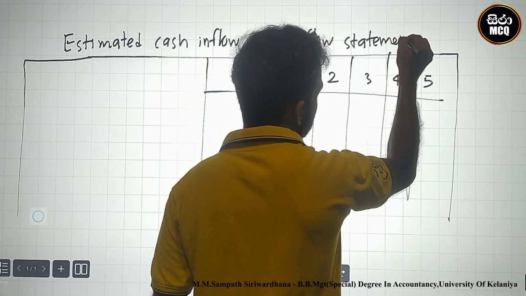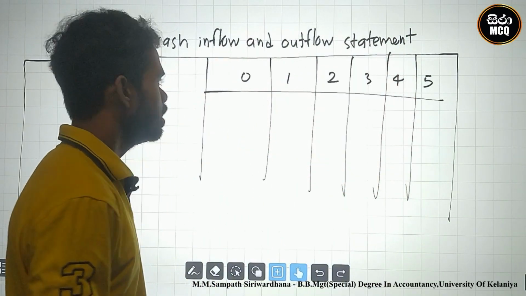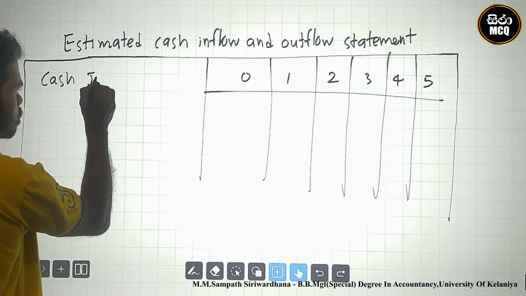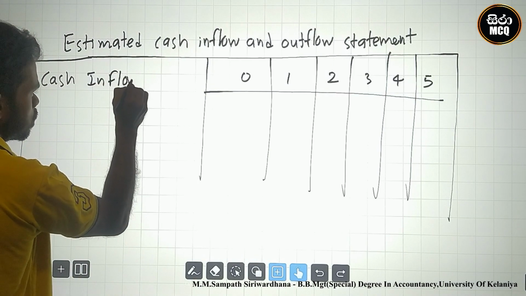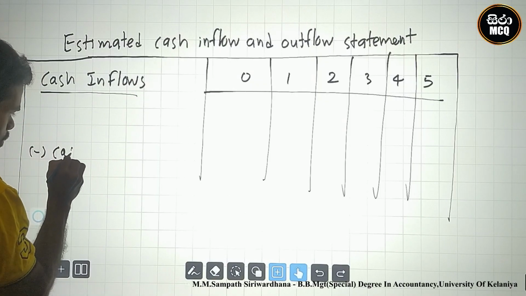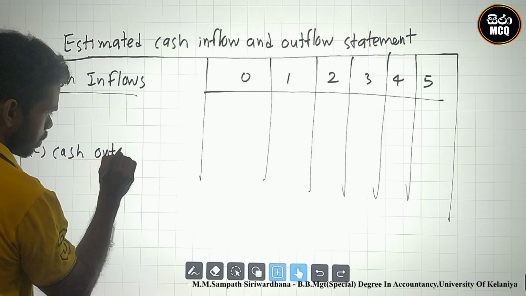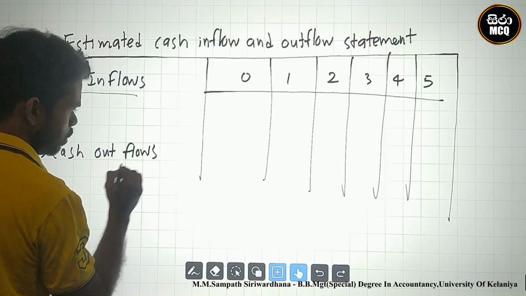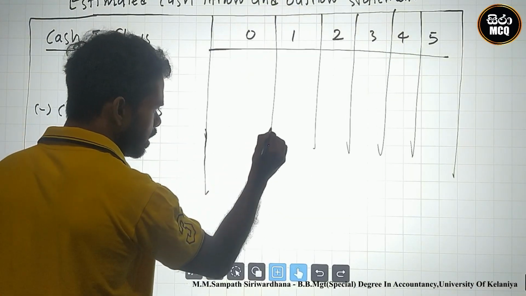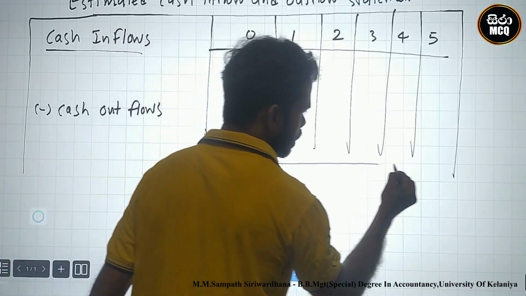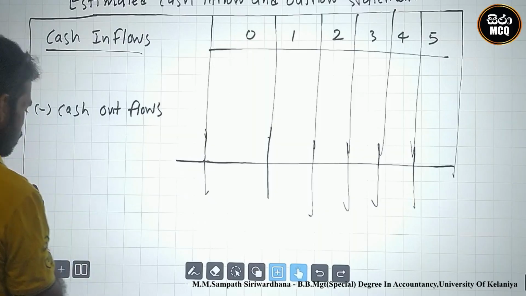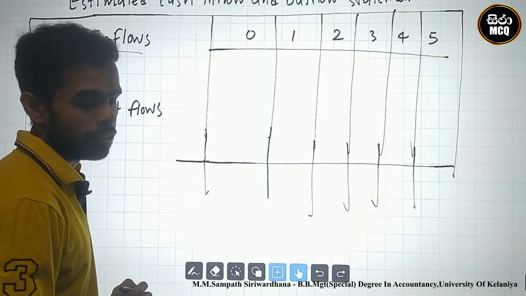At the top there are cash inflows, and we deduct cash outflows. You know, the initial investment is the final result of this statement. This is the year 0 investment.